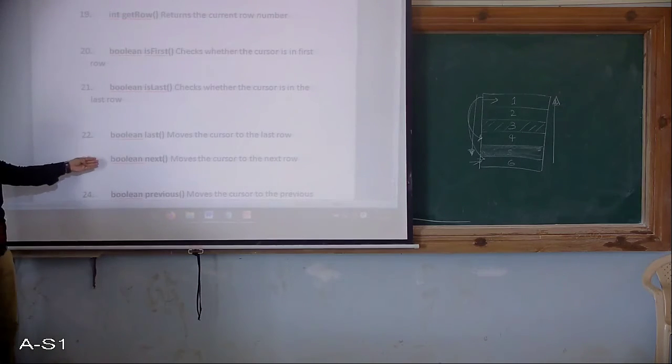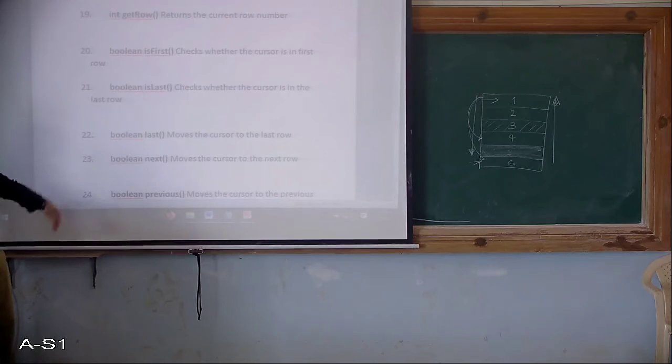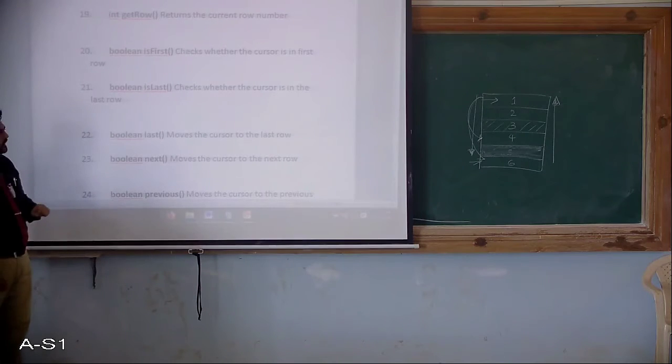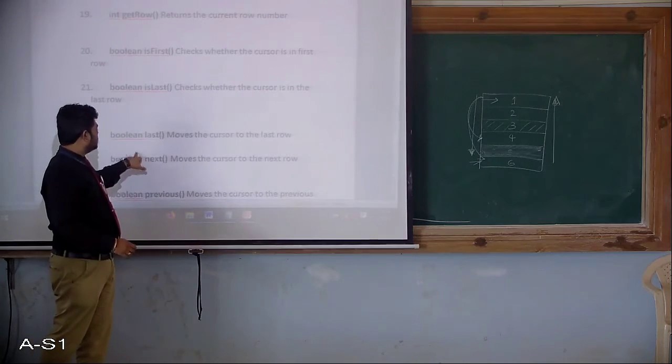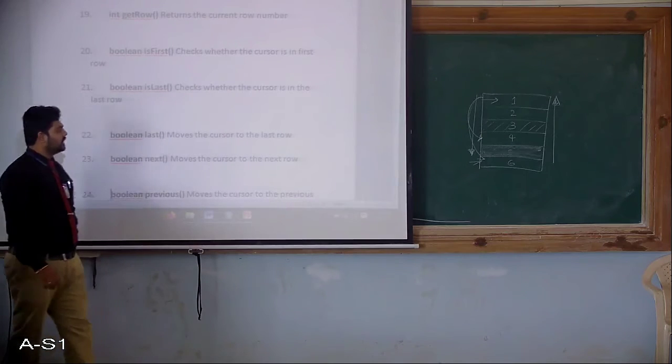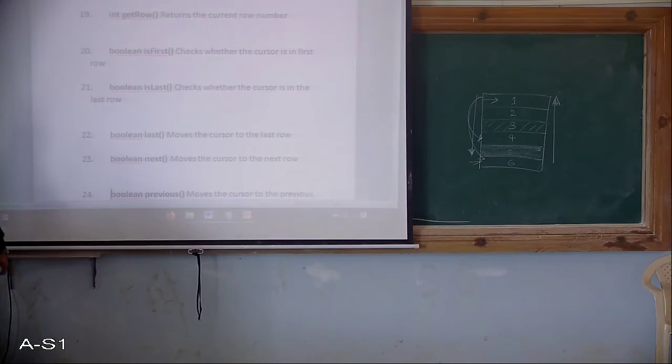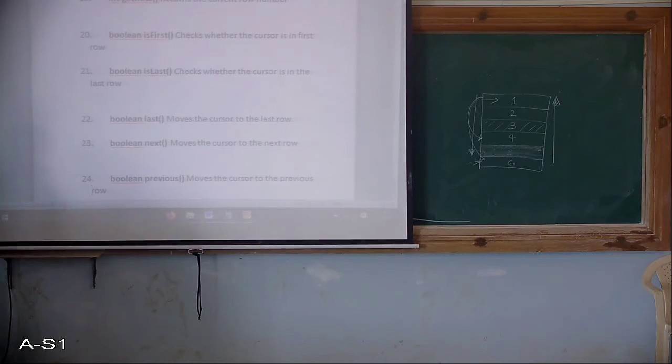Then next. The next method moves the cursor to the next row. Suppose the cursor is at the second row, then using the next method the cursor will come to the third row. That is how the next method works. Then previous goes to the previous row.